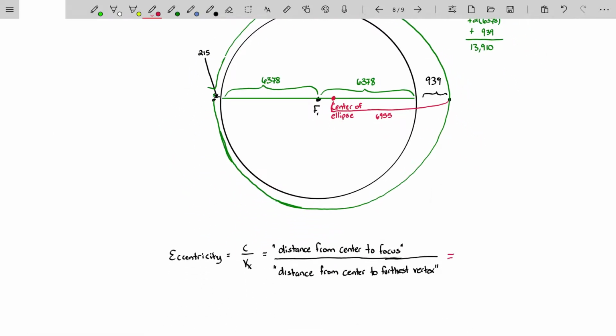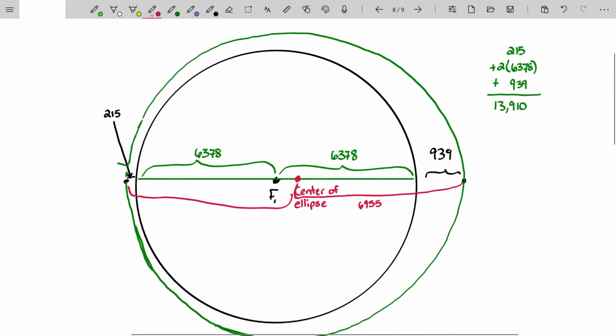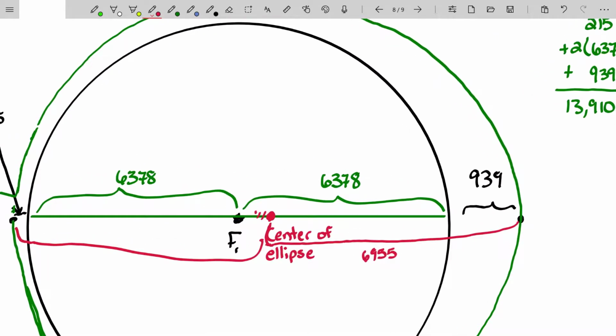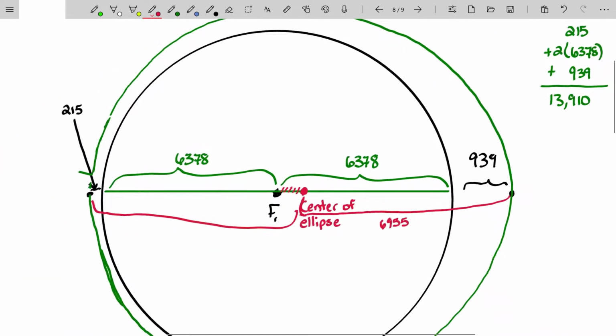So again, the distance from center to the furthest vertex, which is either of these vertices, since they're the same distance, is 6,955 kilometers. Now I just need to know the distance from the center to the focus. What is this distance right there?